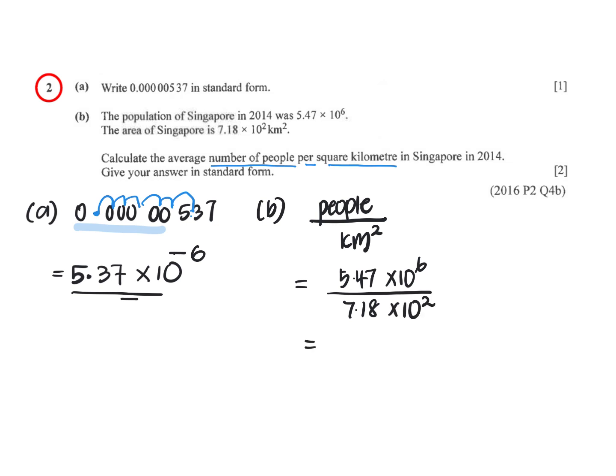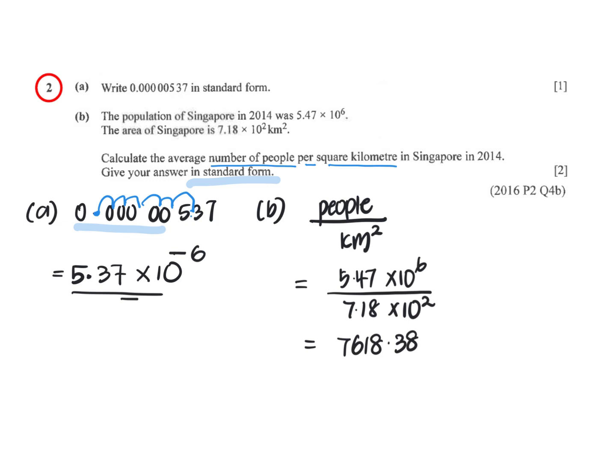And using our calculator, 5.47 times 10 to the power of 6 over 7.18 times 10 to the power of 2. And that gives me, in my calculator, 7618.38. Give your answer in standard form. The question did say standard form. So I'm going to change this to standard form.